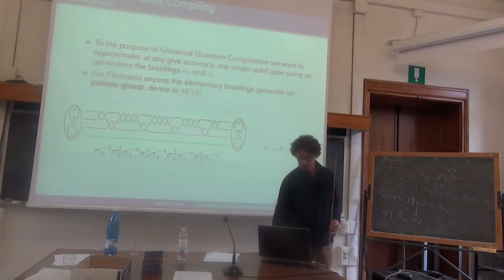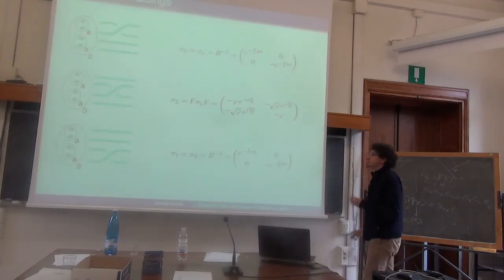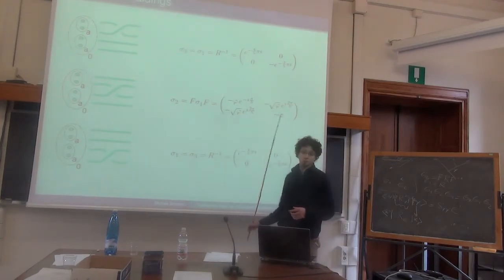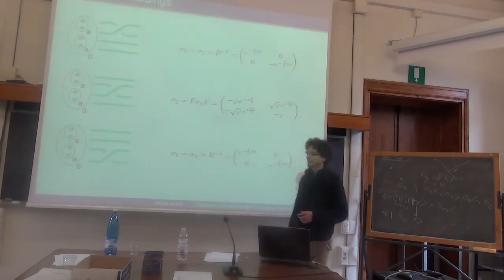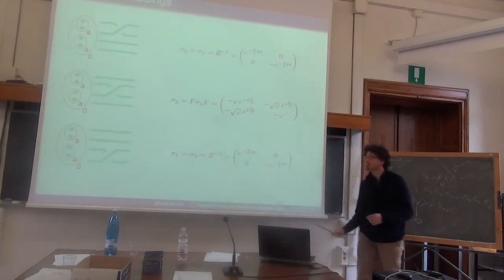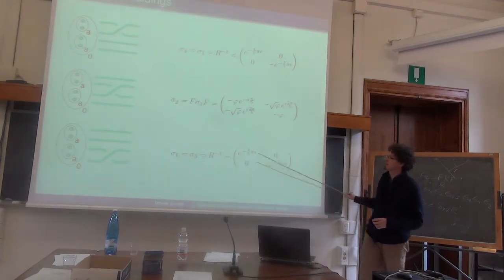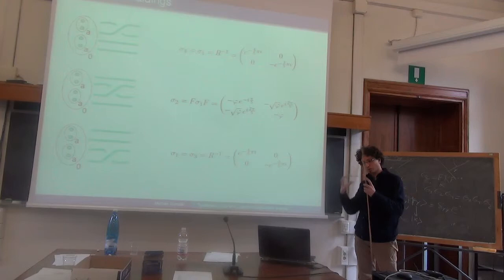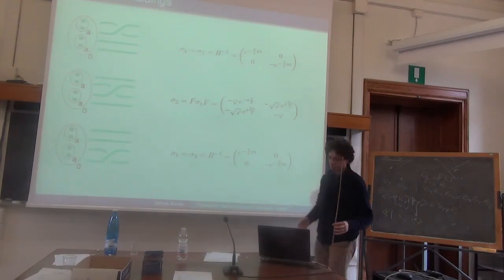And so, if you interpret these as a qubit, these are single qubit gates. And the interesting thing about Fibonacci anyons is that these are strange rotations that generate a dense group covering SU(2).